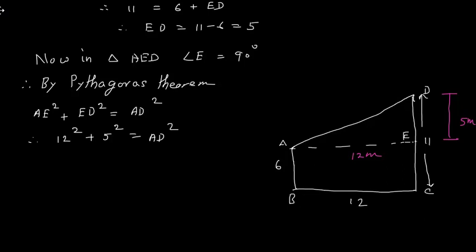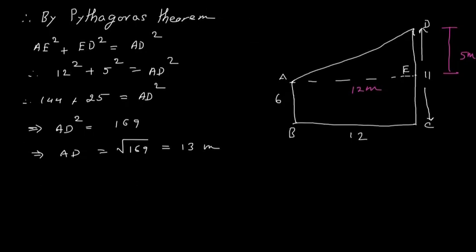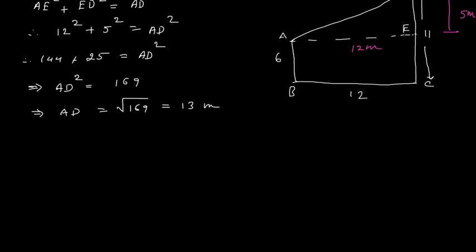Now, square of 12 is 144. So, therefore, I will say 144 plus 25 is equals to AD square. This gives me the value of AD square is 169, and this gives us the value of AD is equals to root of 169, which is 13 meter. So, therefore, distance between top of two poles is 13 meter.